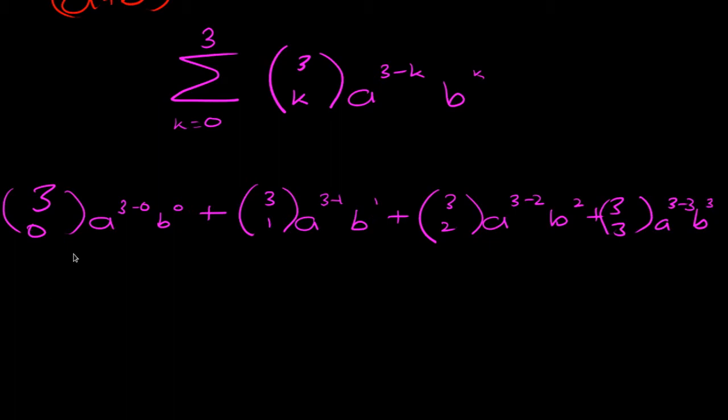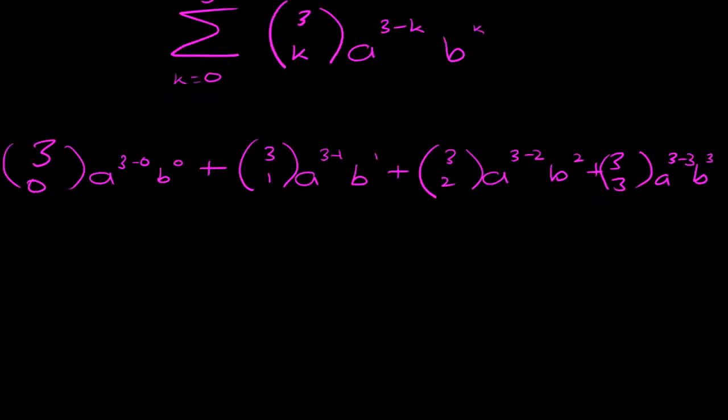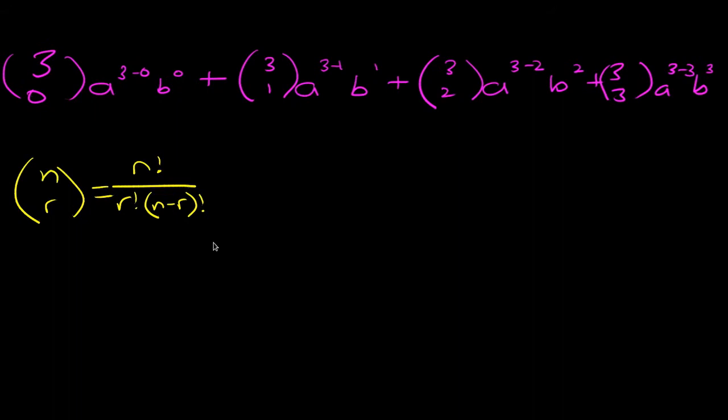Now if you have forgotten your combinations, say you have a combination n choose r, this is equal to n factorial over r factorial times n minus r factorial. Now we can plug this in. 3 choose 0 is just 3 factorial over 0 factorial times 3 minus 0 factorial.